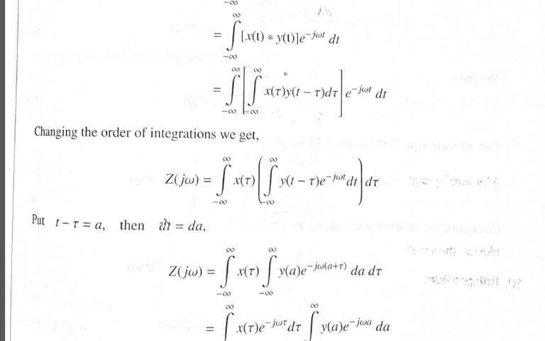With respect to a, dt is equal to da, and in the same equation we have y(a) and e^(-jω) as it is, but this t becomes a plus τ, and this dτ as it is.